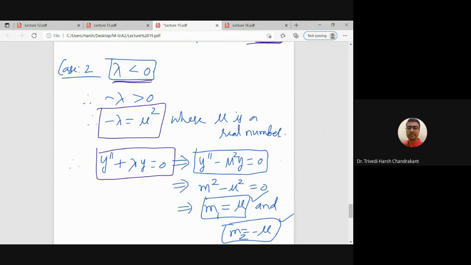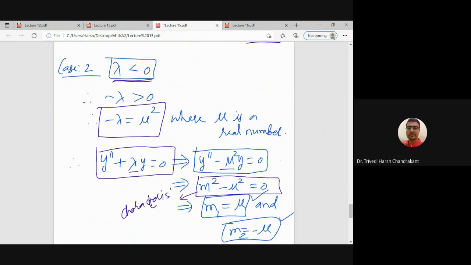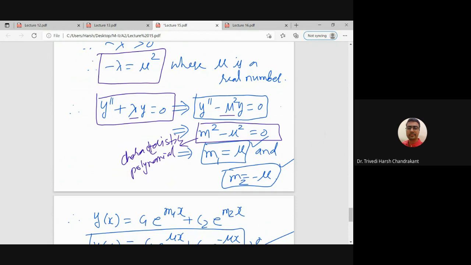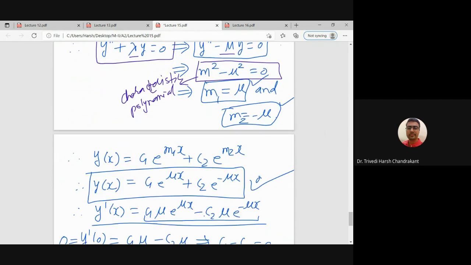So we get this characteristic polynomial, and it has two roots m1 and m2 which are different because mu is non-zero. We get this general solution.